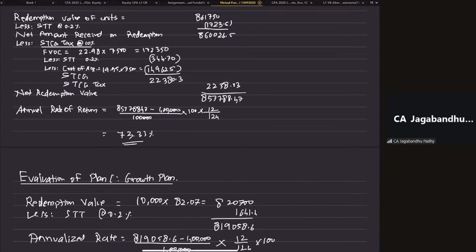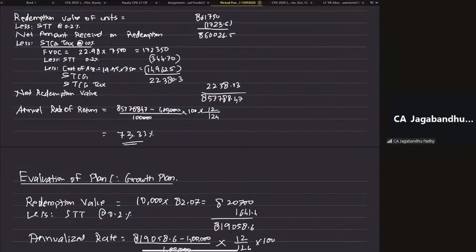Why is there no STCG tax on this plan? Because no dividend has been received by you earlier, I mean, within a year. In fact, there are no additional units given to you. Whatever units you had purchased initially, only that is getting redeemed after 10 years. So there's no short-term capital gain tax.